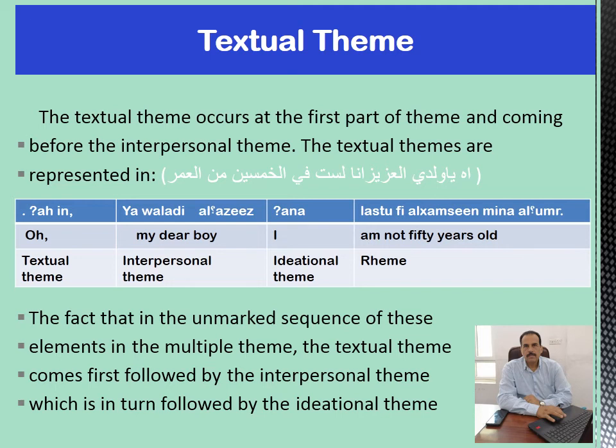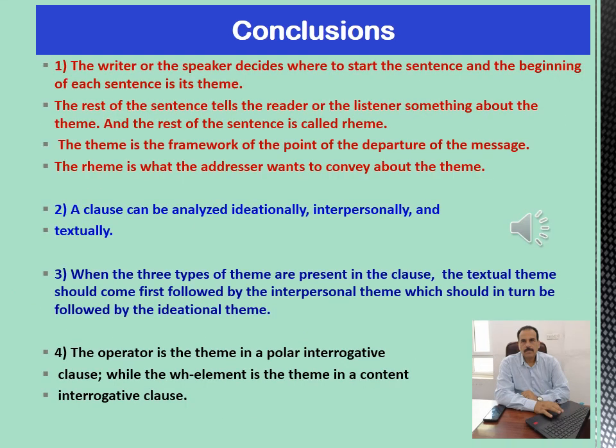In fact, in the unmarked sequence of these elements in the multiple theme, the textual theme comes first, followed by the interpersonal theme, which is in turn followed by the ideational theme. Conclusions. We reach the following conclusions.